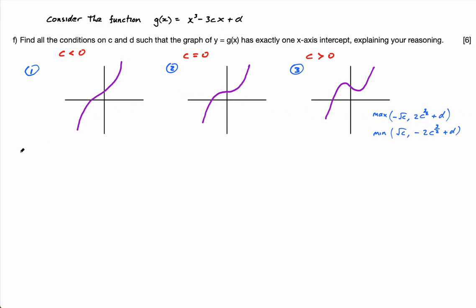Okay, so first condition, if c is less than or equal to 0, and it says explaining your reasoning.